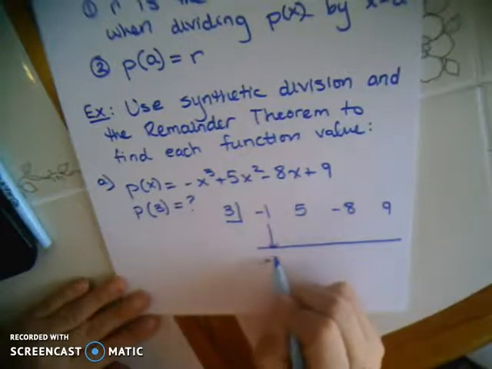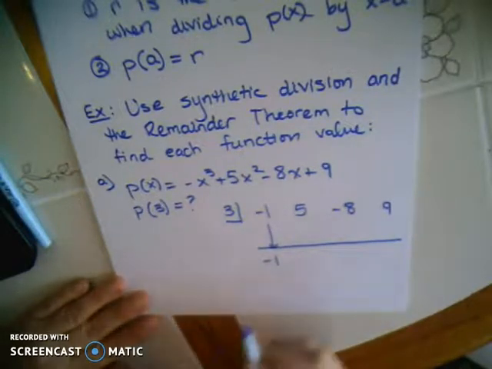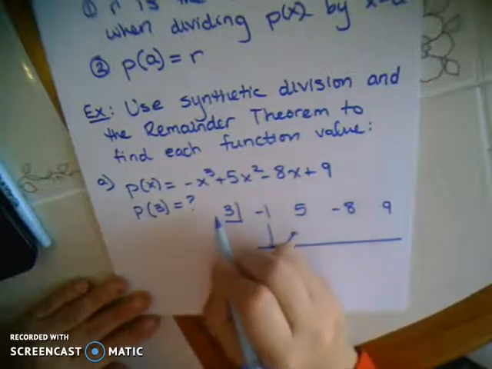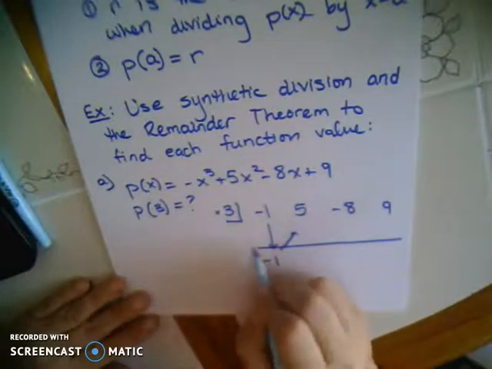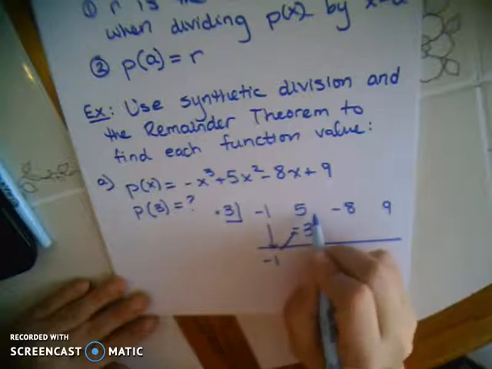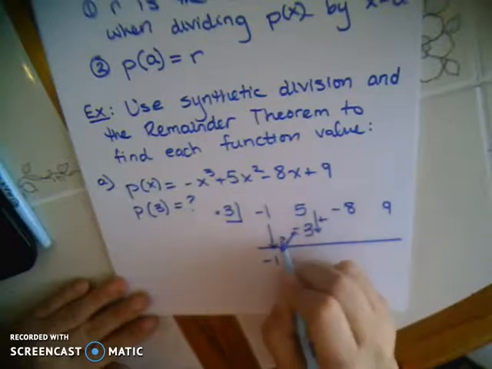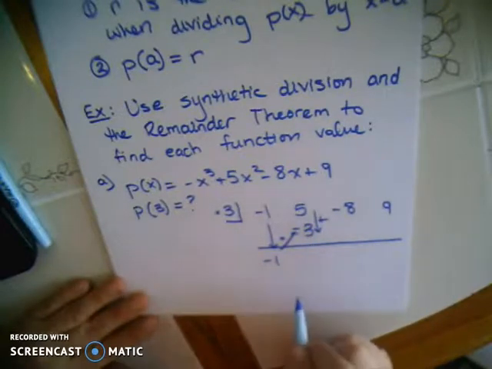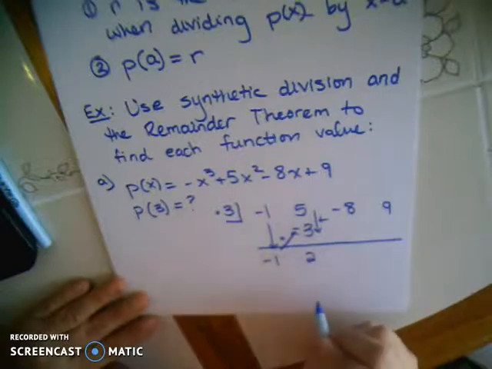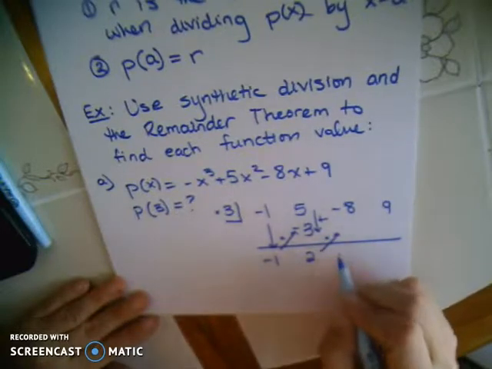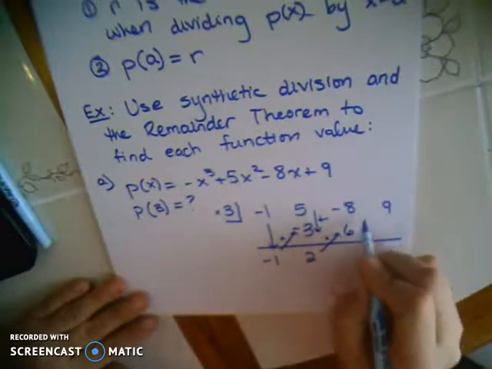First number always comes straight down, nothing to do. But from there, we're going to multiply by 3. -1 times 3 is -3. And we're going to add down. 5 and -3 is 2. Multiply to go up. 2 times 3 is 6.